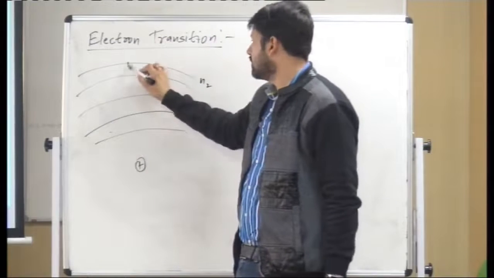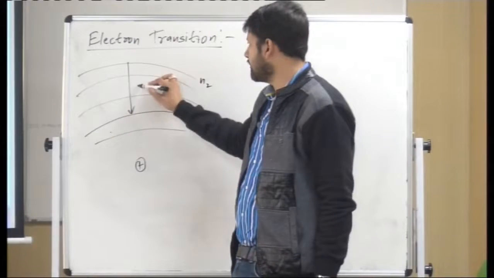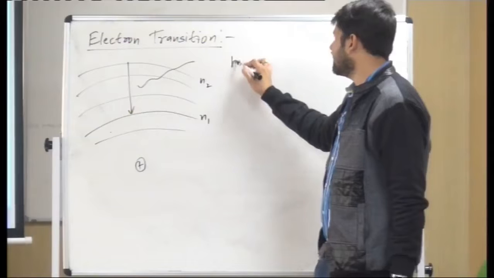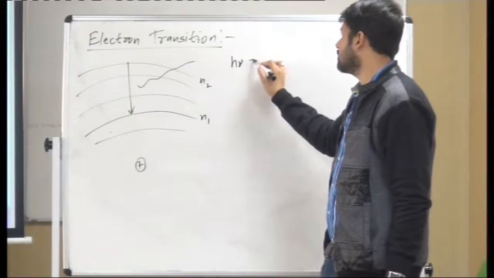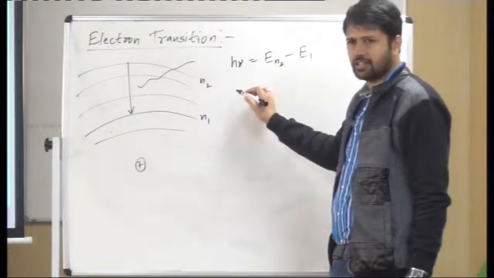This is n1. The electron transits from n2 to n1. Some energy is released, a photon is released. So we already know that h nu is equal to E n2 minus E n1, right?